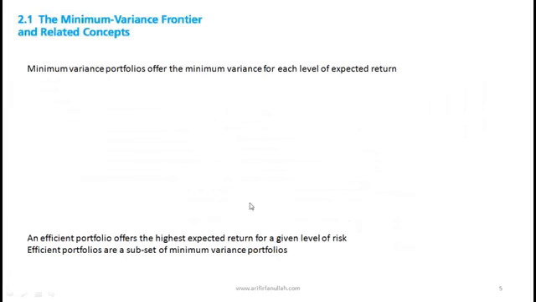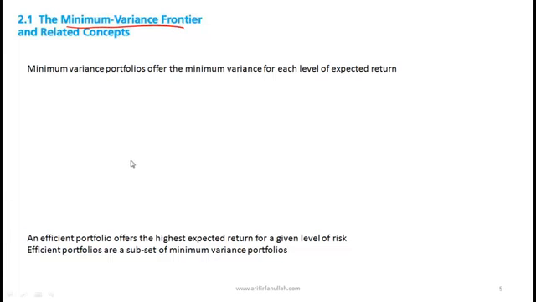Okay. So section 2.2 talks about the concept of the minimum variance frontier and related concepts. So again, this is a quick refresher. What is the minimum variance frontier?